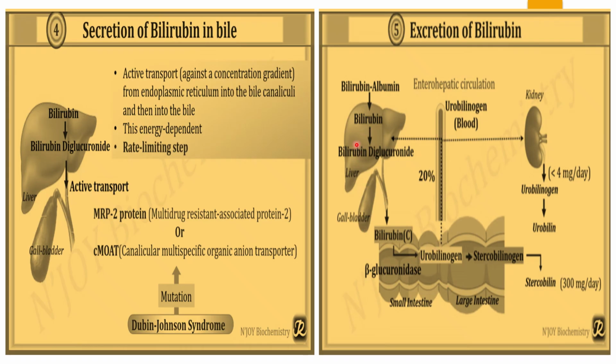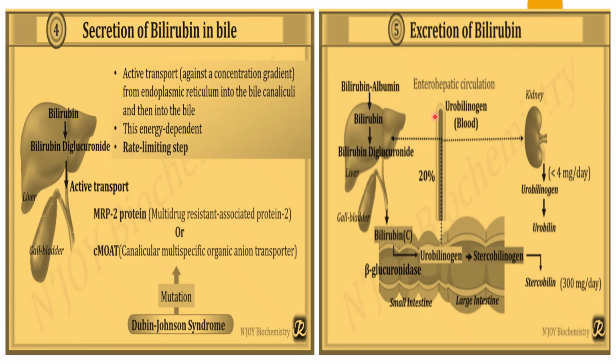So bilirubin comes right from the liver to the intestine, and again via blood, from blood it comes to the liver. So this cycle is known as enterohepatic circulation. So 10 to 20% of this bilirubin is under the enterohepatic circulation.